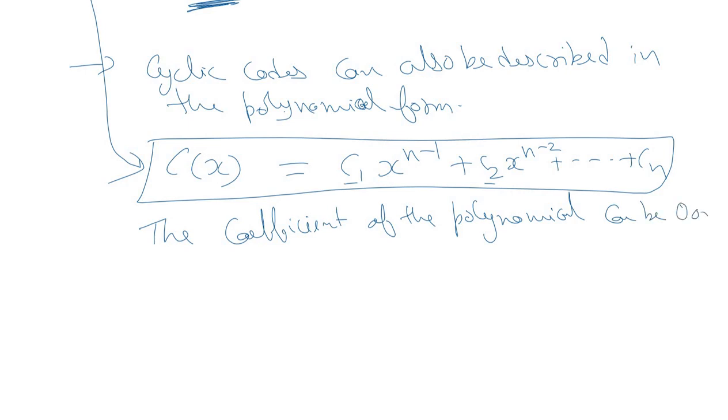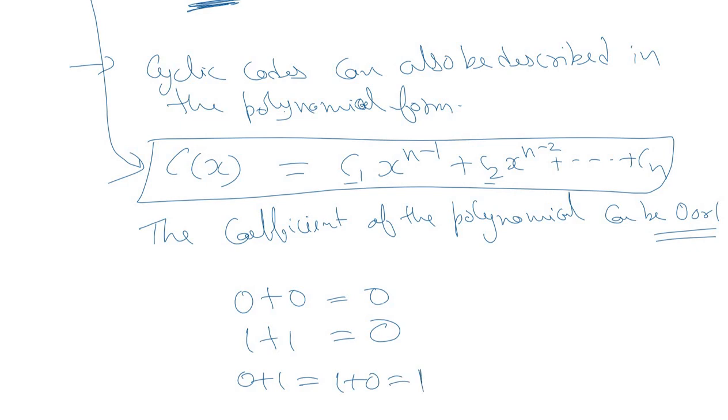They obey the following properties whenever we do any kind of mathematical operations in case of cyclic codes, that is modulo 2 addition: 0 plus 0 will be equal to 0, 1 plus 1 will be again 0, and 0 plus 1 will be equal to 1 plus 0, and that will be equal to 1.